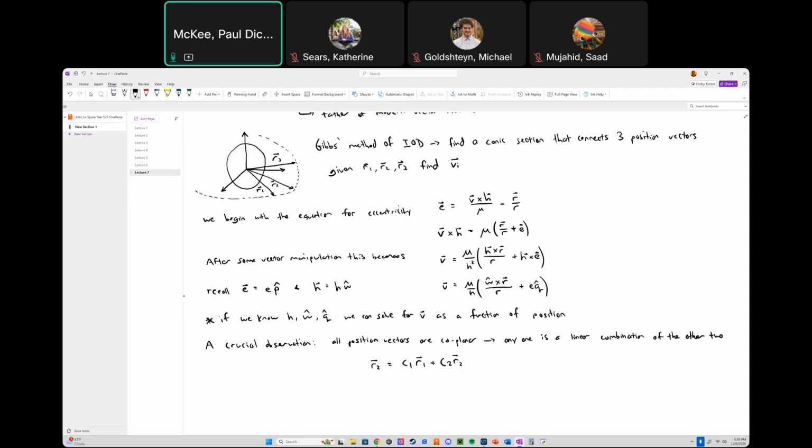You kind of see this in the diagram here. Imagine R1 and R3 form a set of basis vectors. This is a 3, sorry, I'm tired. Some scaled R1 and then some scaled R3 added together get you back to R2. Now, what are these constants? We don't know yet. So these are unknown, solve for later.